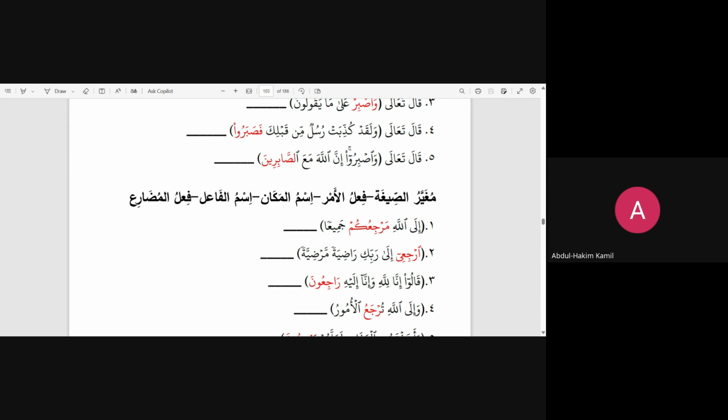So change it to the ism mawsul and tell me what it means. Al-Ladhina sabarin? Alladhina yasbiruna, it's going to be fil mudara. Inna Allah ma'alladhina yasbiruna. That's Lugha al-Arabiya.